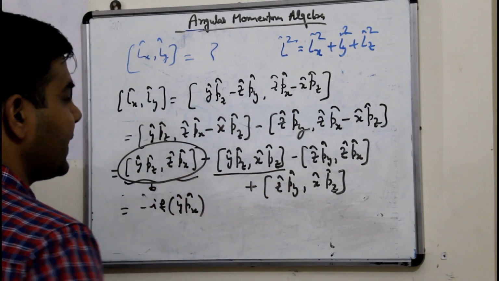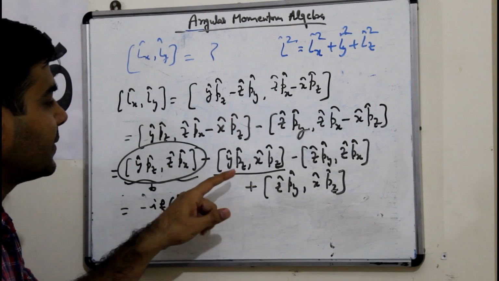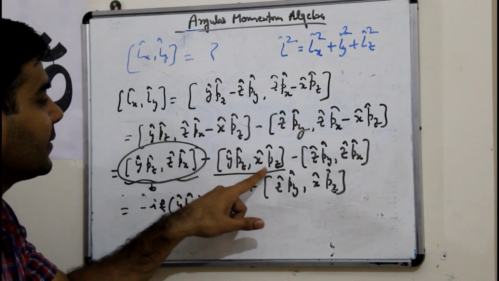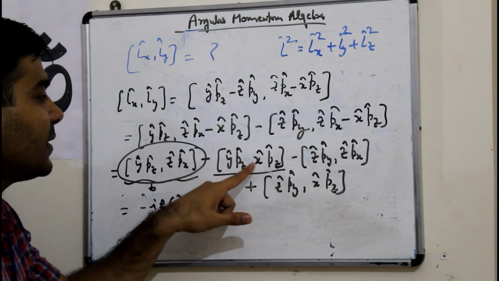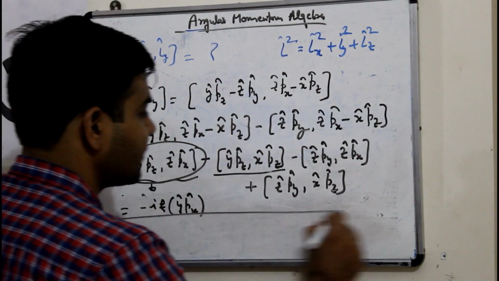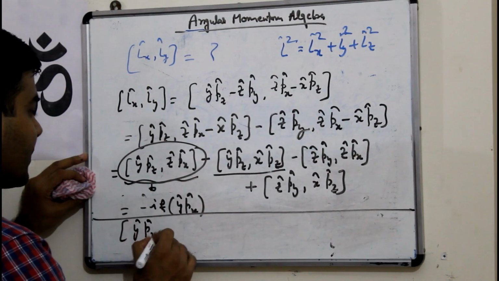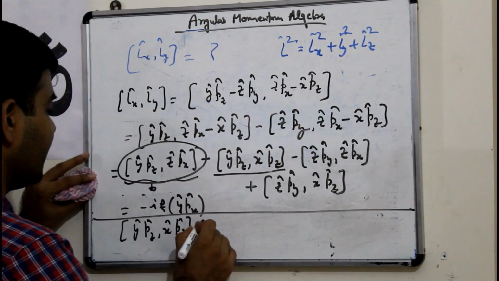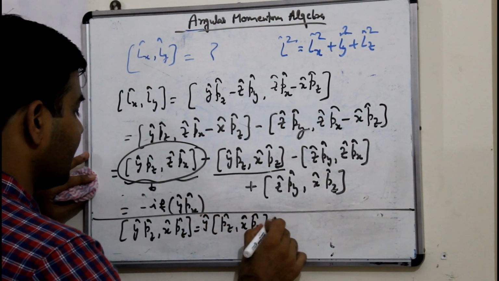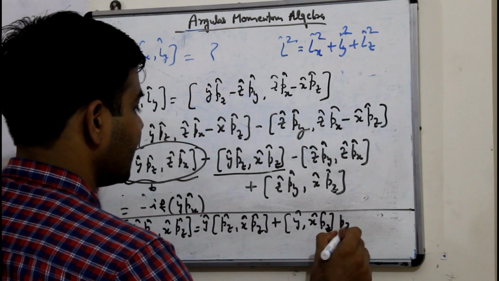Now when we come to the second, we notice that if we apply the same rule here, in the first step, we'll get [y hat pz hat, x hat pz hat]. So pz will commute with both x hat and pz hat. Let me solve the second bracket separately so that it is clear to you. [y hat pz hat, x hat pz hat] will be equal to y hat [pz hat, x hat pz hat] plus [y hat, x hat pz hat] pz hat.